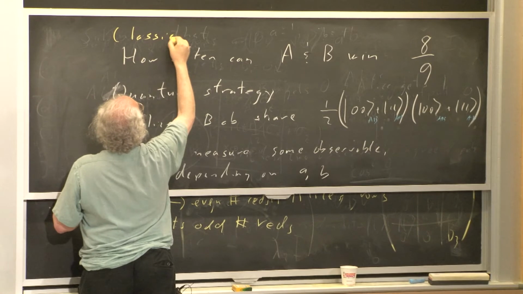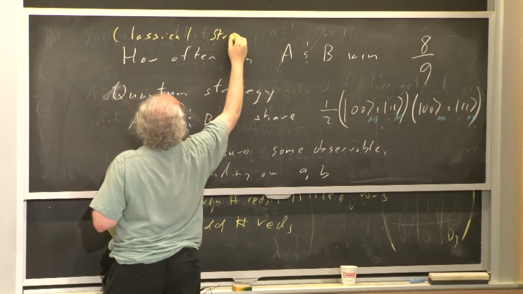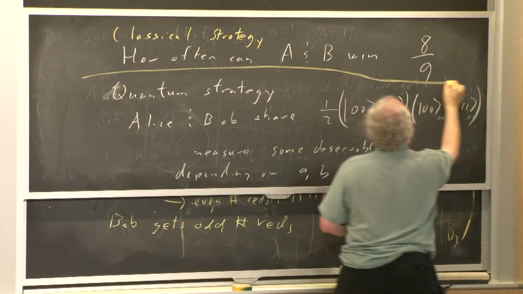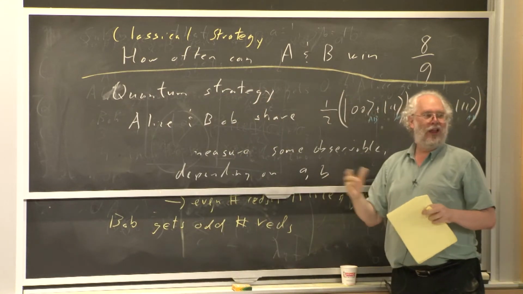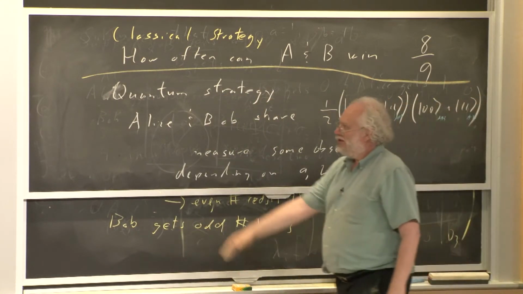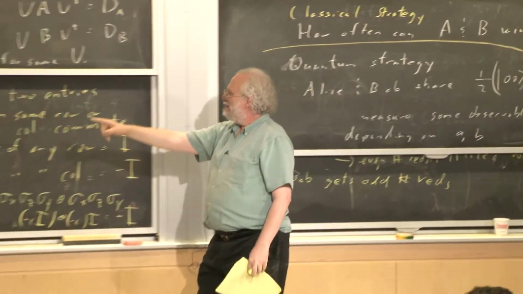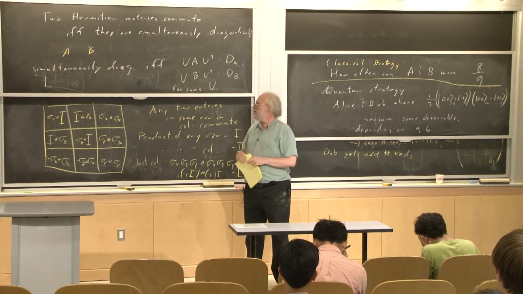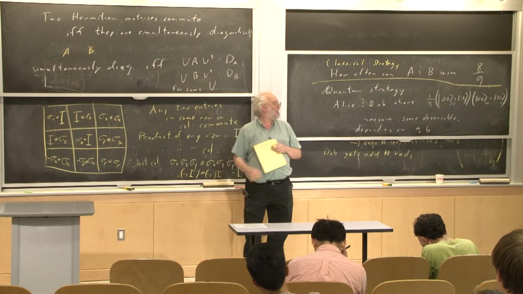Classical strategy. Remember, the classical strategy, they had to agree on a square, and you cannot color all the squares so that every row has an even number of reds, and every column has an odd number of reds.